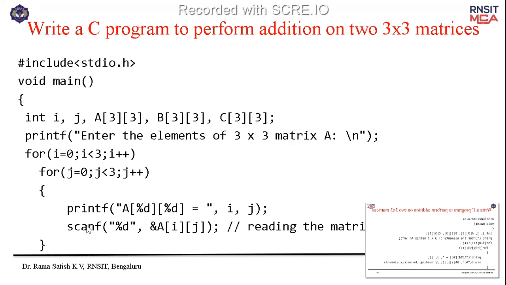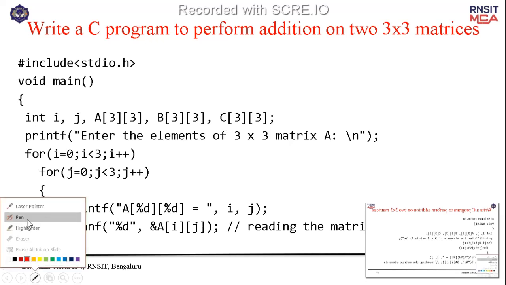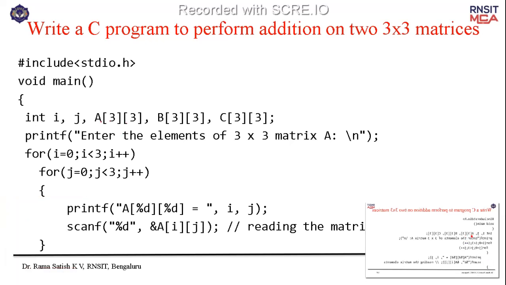Accordingly, you define the variables: a of 3 cross 3, 3 rows and 3 columns, b of 3 3, and the result c of 3 3 is also the same. So that is one thing that you should note.